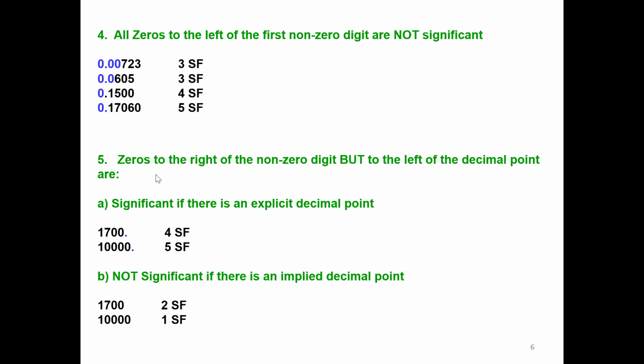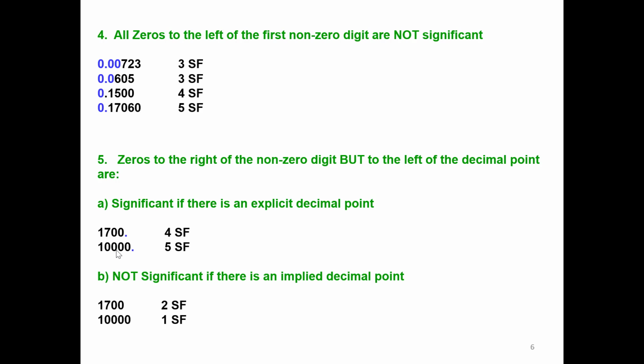Then the zeros to the right of the non-zero digit, but to the left of the decimal point, are significant if we have an explicit decimal point. If we have an explicit decimal point, these two zeros are significant. And in this case, we had 4 significant digits.